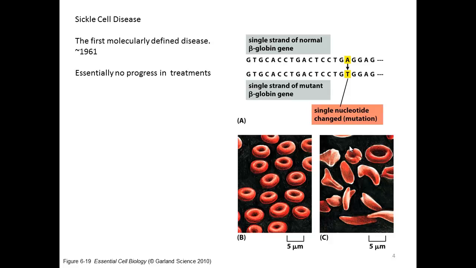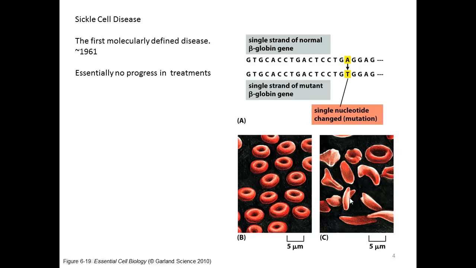It was identified in 1961 that sickle cell occurred because of a single nucleotide change of an A to a T, and this has the consequence of replacing a hydrophilic amino acid, glutamic acid, on the surface of a protein with a hydrophobic amino acid, valine.